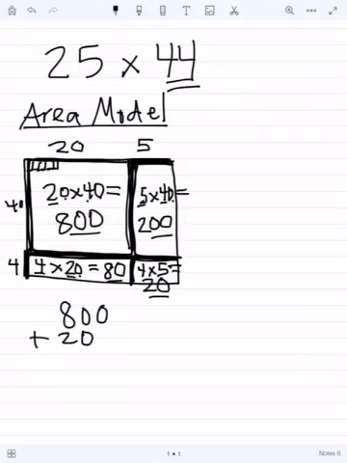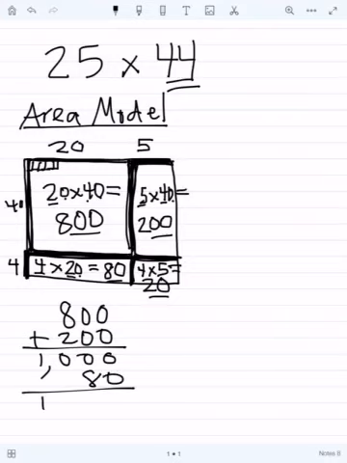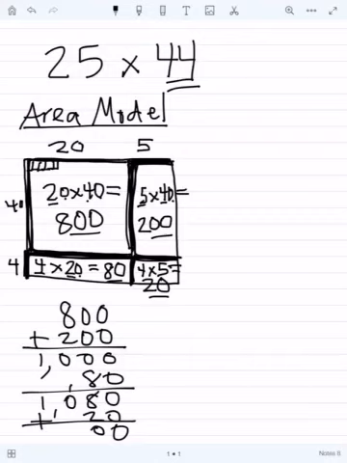So I'm going to add the 800 and 200, and I'm at 1,000. And then I'm going to add the 80 and the 20 onto that. So I'm at 1,080 and add another 20. And there I have my final answer, 1,100.